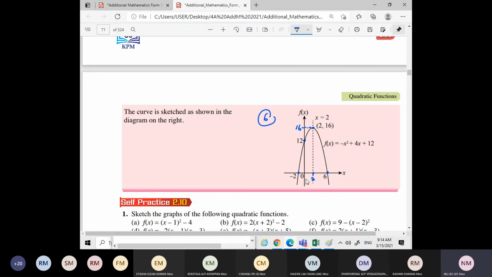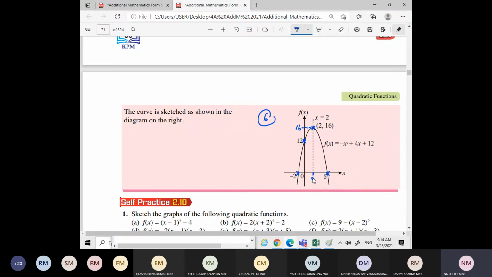So you get all these points, so that you know that your parabola is going to cut here, this point, this point, and this point, and then draw the smooth parabola. Make sure it's symmetrical, the two sides are symmetrical. The line of symmetry is x equal to 2. This is how you sketch it.